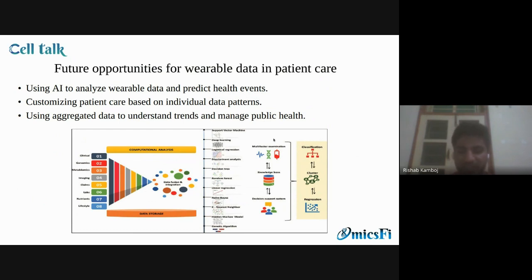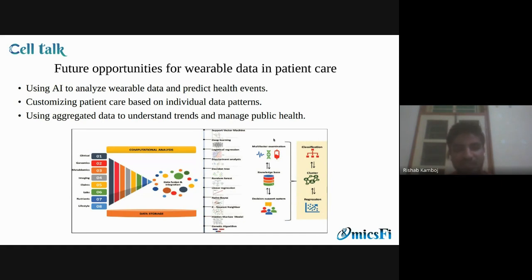We can understand the heartbeat, activity pattern and sleep data of a person, and customize a patient care solution based on that person's individual activities. Each person has their own activity pattern throughout the day, so we can customize patient care based on that. AI can make it scalable, because doing it by hand is not a scalable solution.